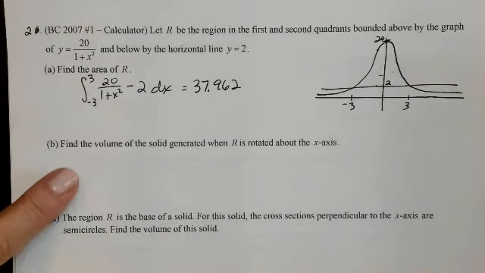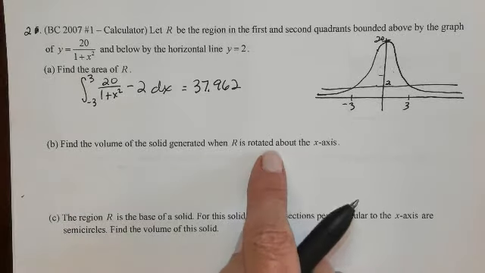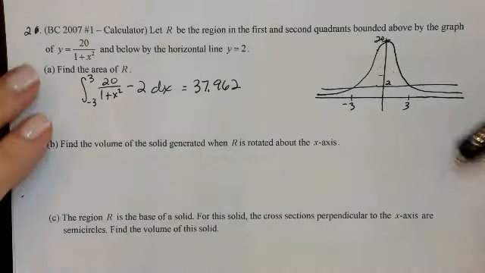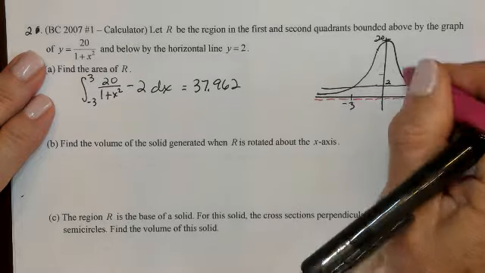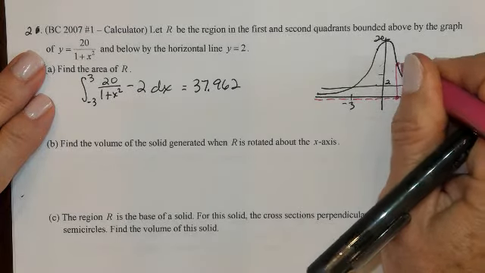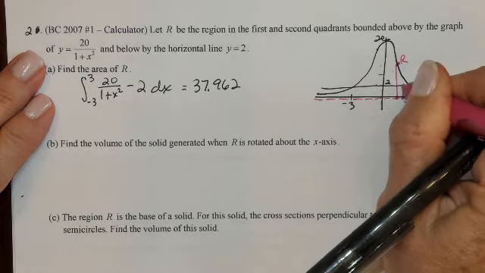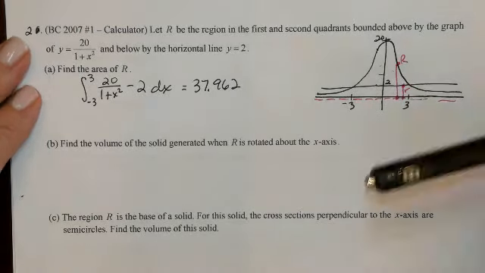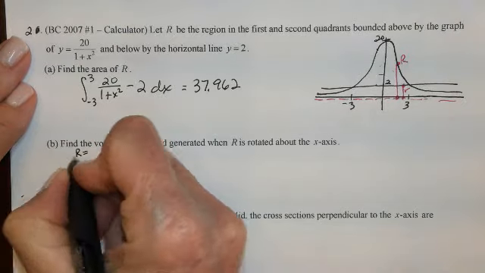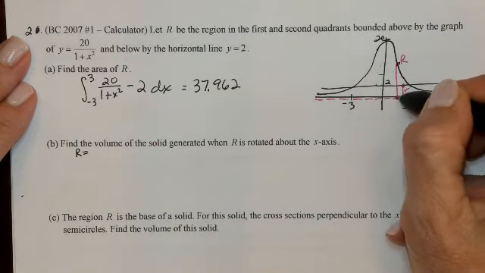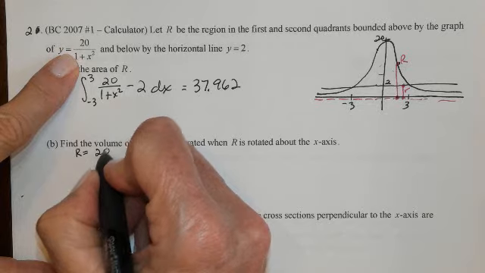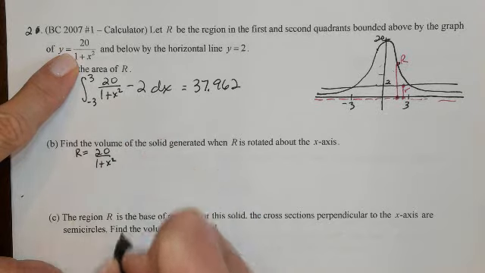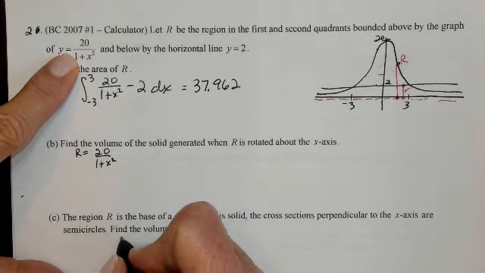Okay, part B. Find the volume of the solid generated when R is rotated about the x-axis. Big R, little r, right? Big R will be top minus bottom. So that's just our 20 over 1 plus x squared, y1.